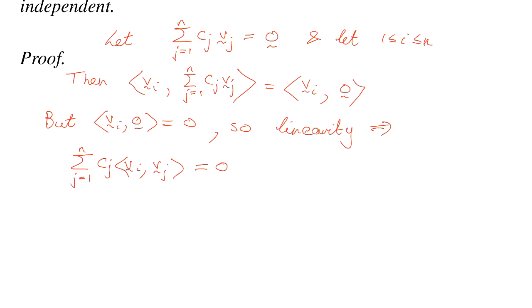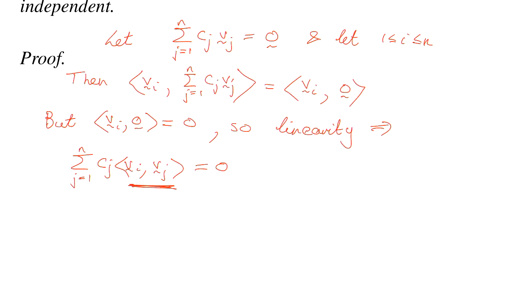Now, what's this thing? If I look at just one of these isolated VI, VJs, it's going to be 0 for every J other than the ith one, because this is an orthogonal set.